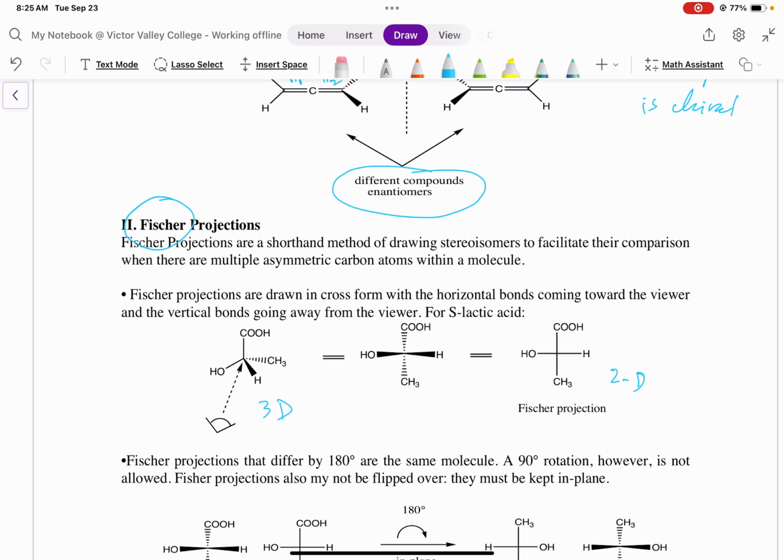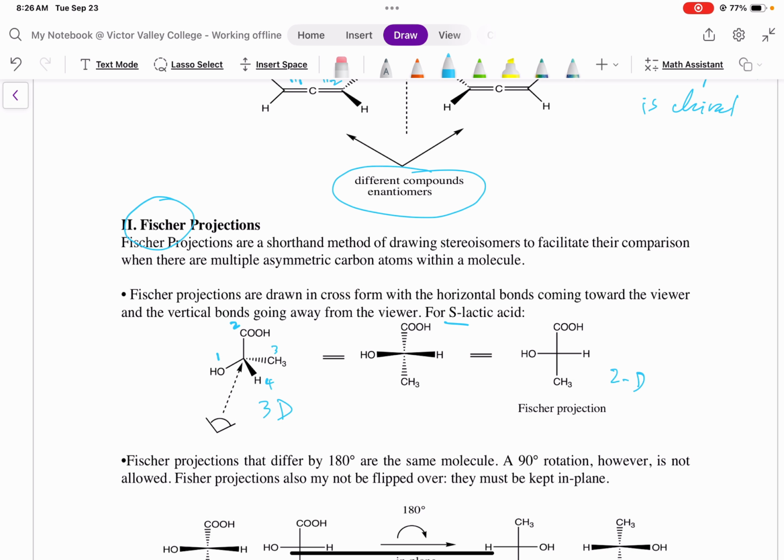Okay, let's say we have these molecules. That's S. That's lactic acid. All right. Now, how do we know it's S? That's 1, 2, 3, and hydrogen is 4. If you rank them by atomic number, oxygen has a higher atomic number than the carbons, and this carbon is number 2 because it has 2 oxygens bonded to it, higher than just the methyl, and hydrogen is almost always the lowest one.